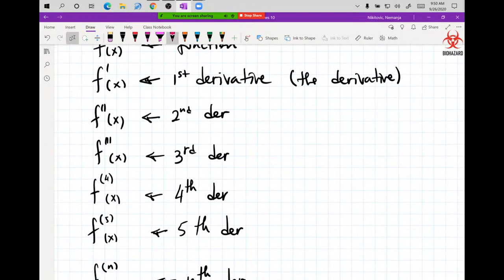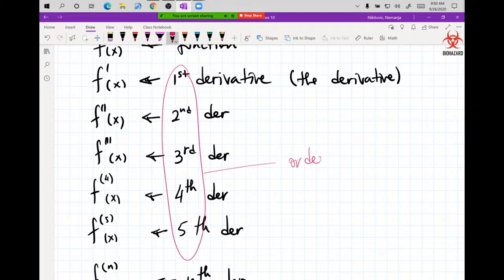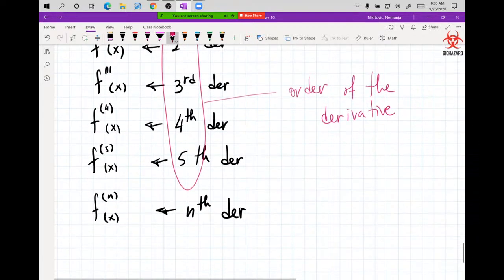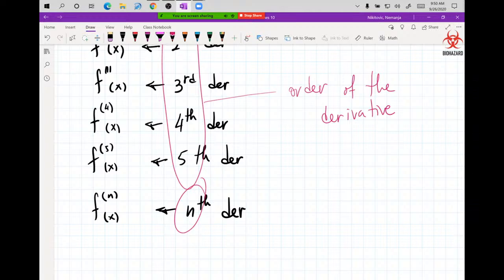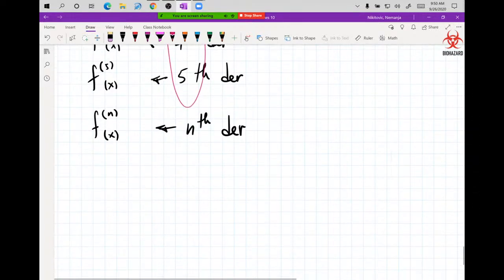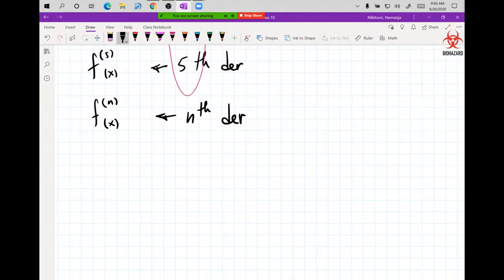So this stuff over here, that's called the order of the derivative. Nth order as well. Now, every time you're taking the derivative, it's like taking the first derivative from scratch.